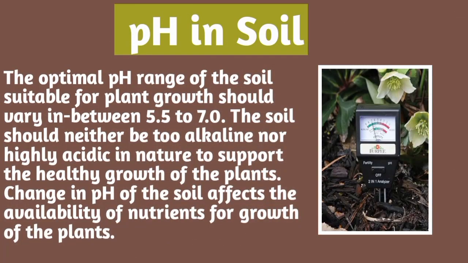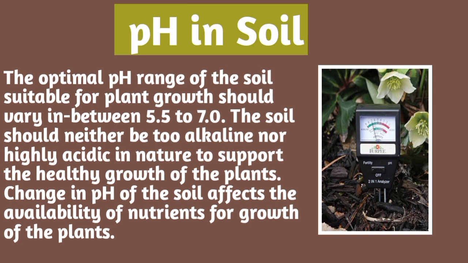And next, coming to pH in soil, it is also another importance in our daily life. The optimal pH range of the soil suitable for plant growth should vary between 5.5 and 7.0. So the range of pH in soil, 5.5 to 7.0, is very good.